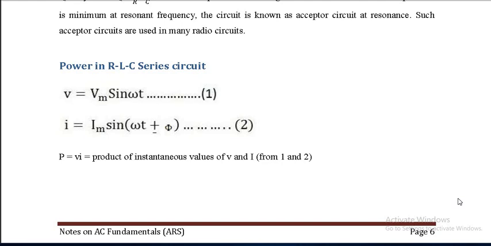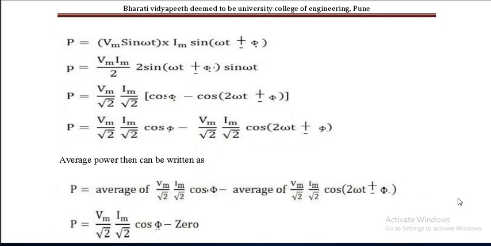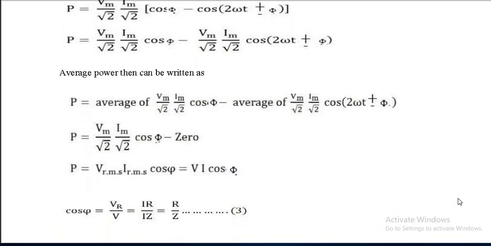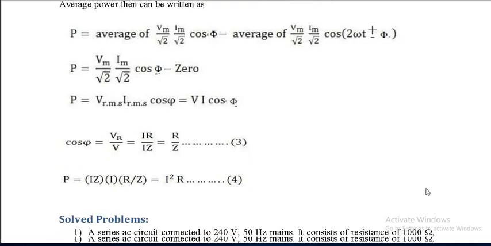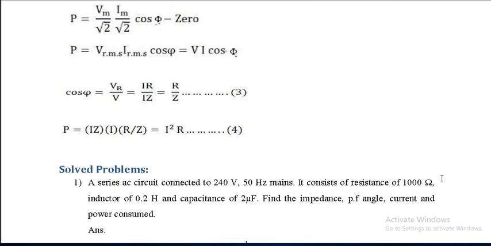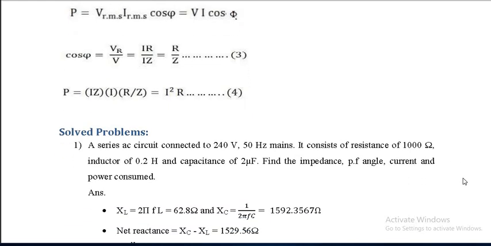Remember it or not? Okay. So again you get the same expression, the same derivation, and you get power is equal to RMS value of V multiplied by RMS value of I multiplied by cos phi. Okay, or the simple thing, you can put it as I square R. Okay, let us deal with a problem or two.